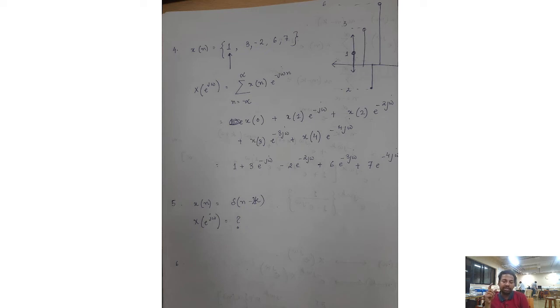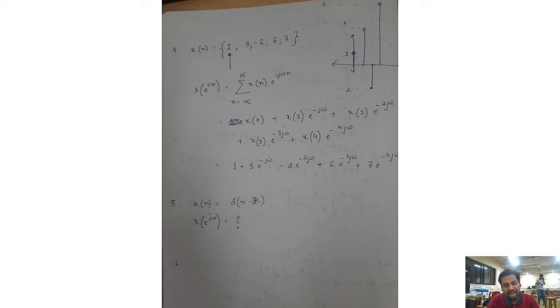The arrow sign indicates that the amplitude is 1 for n equal to 0, and obviously it is 3 for n equals 1, minus 2 for n equals 2, 6 for n equals 3, and 7 for n equals 4. Fine. So writing the fundamental formula again, X of e to the power of j omega equals the sum from n equals minus infinity to infinity of x of n times e to the power of minus j omega n.